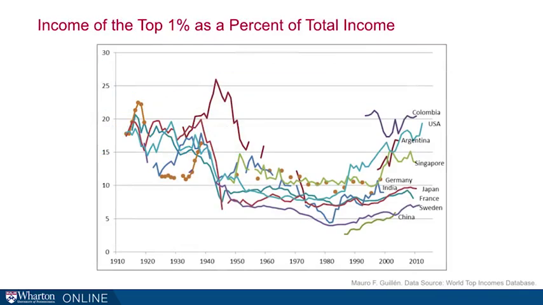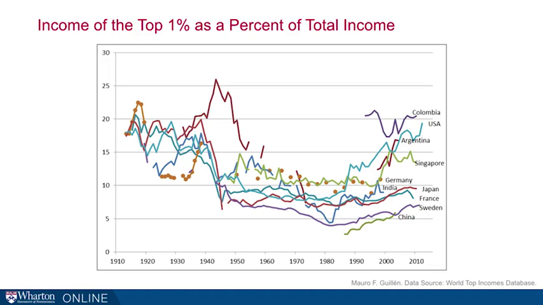If we consider this indicator of the income that goes to the top 1% of the population as a percentage of all income in the country, we can then see the evolution over a longer period of time. We have here a chart that starts in the year 1910 and goes all the way to the present time. And we have a number of rich countries as well as emerging markets represented on the chart.